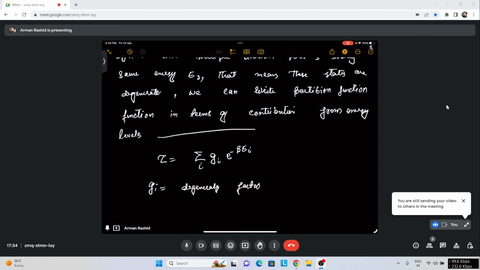So this tells us the partition function for a quantum mechanical state.